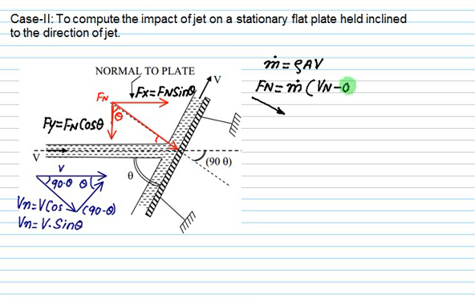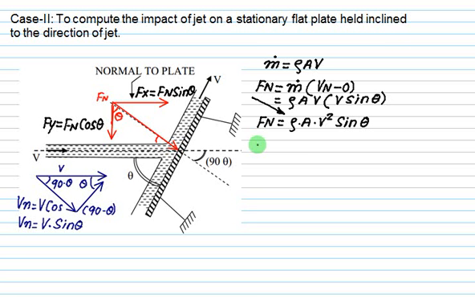Is it 0? So what have we done? We have calculated Fn. It is equal to rho multiplied by a multiplied by v, but what is vn? Is it v sin theta? So the value of Fn equals rho times A times V square sin theta.